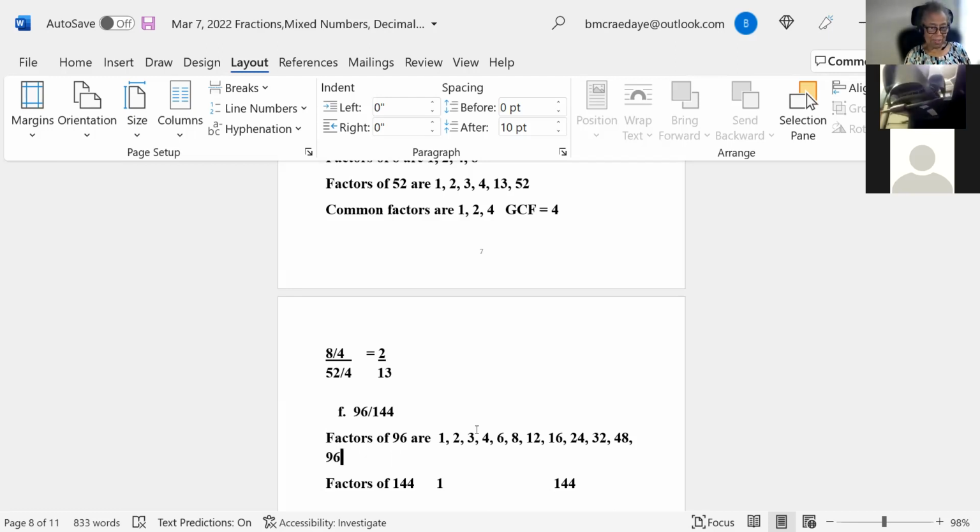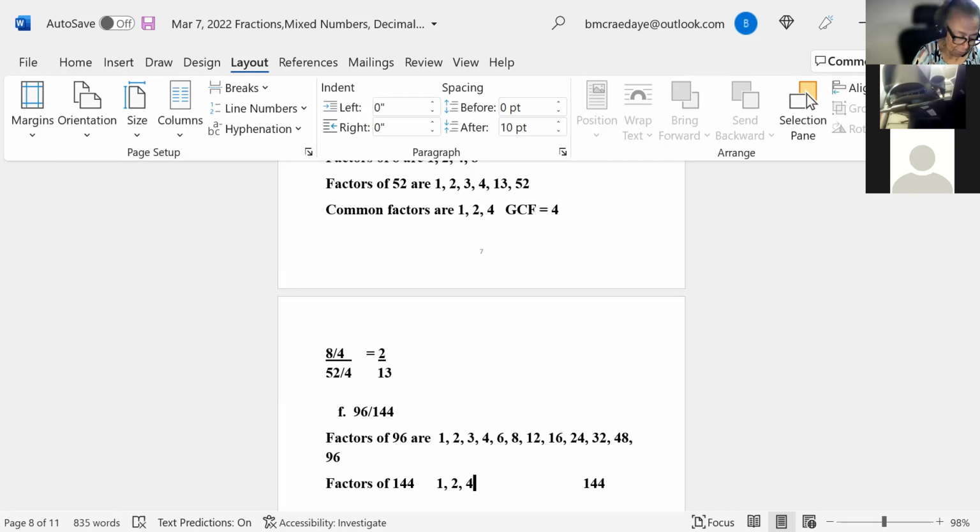Okay. Let's look at some factors of 144. Now we know 1 and 144. What's the next one? 2. Okay. What else? 4. 4 goes into 144? I don't think so. Oh, yes, it does. Okay, 4.